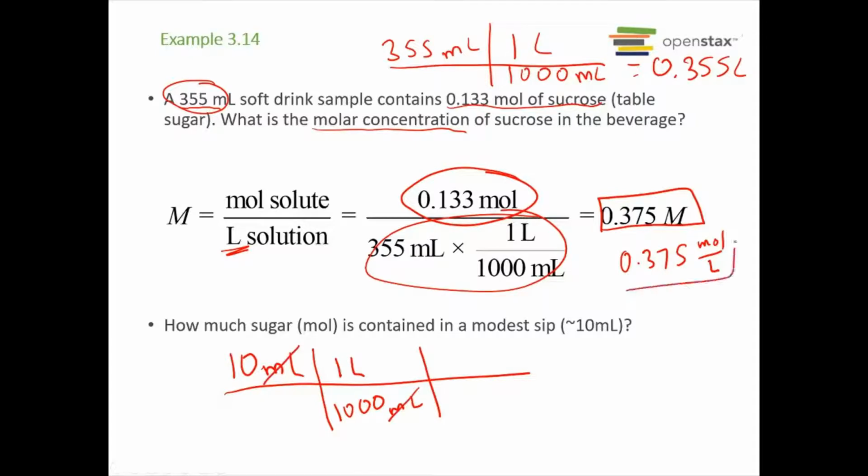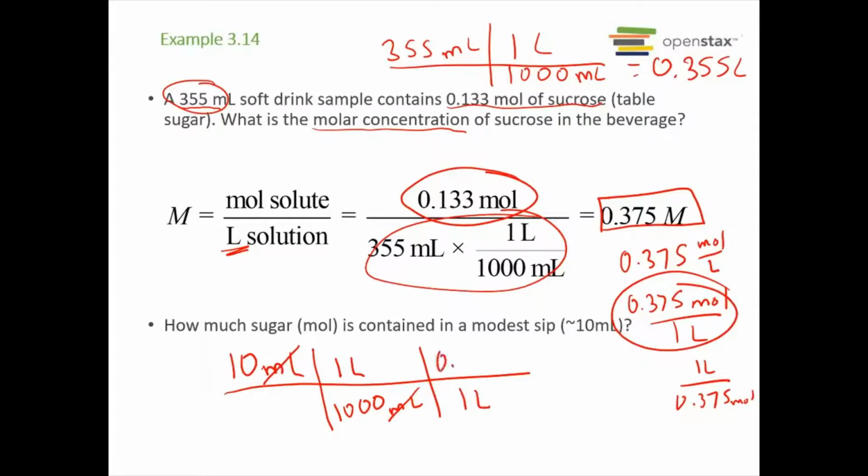And then we can use our molarity as a conversion factor. We could say we have 0.375 moles for every 1 liter. We could also say 1 liter per 0.375 moles, depending what we need. We want moles on top, because we need liters on bottom.